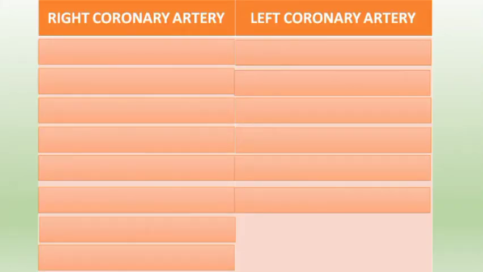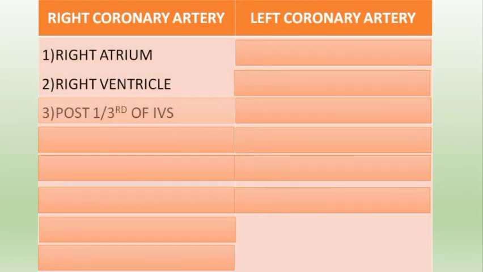Now let's see what the right coronary artery and left coronary artery supply. The right coronary artery supplies the right atrium, the right ventricle, the posterior 1/3 of the interventricular septum, that was by the posterior interventricular artery.